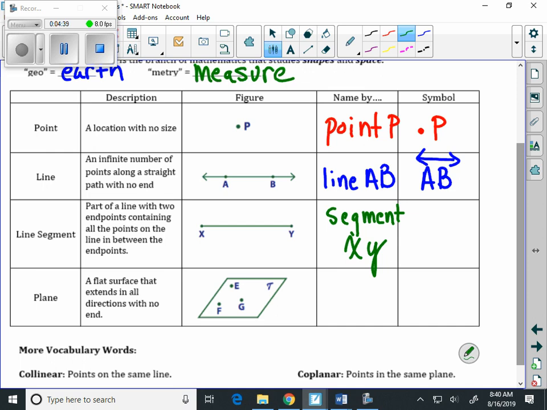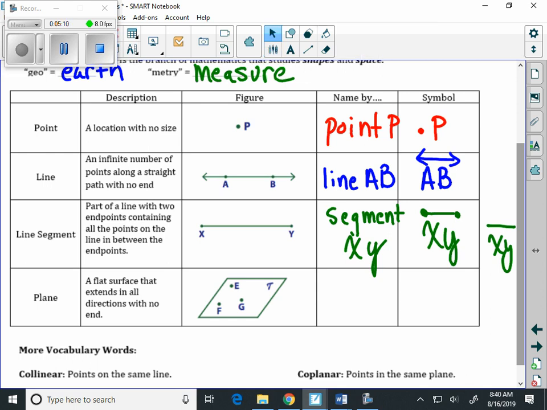But more often than not, for our symbol, it's XY, and if you want to get technical, that's how I tend to write it. If you want to get really technical, and especially if you ever are looking online at something, it might have 2 endpoints at the end. I just do a straight line, like that.